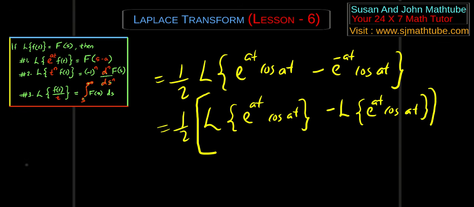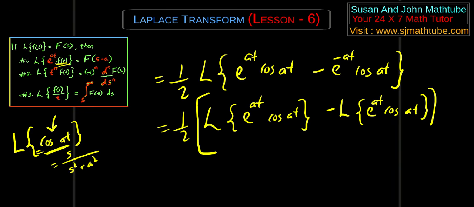Okay, now in one corner you can write Laplace of cos at. What is Laplace of cos at? It will start with s by s square plus a square. Now we are going to apply the first property. We know the Laplace of cos, but we want the Laplace of e power at into cos at. So what should you do?